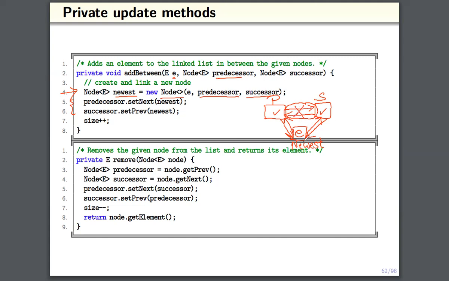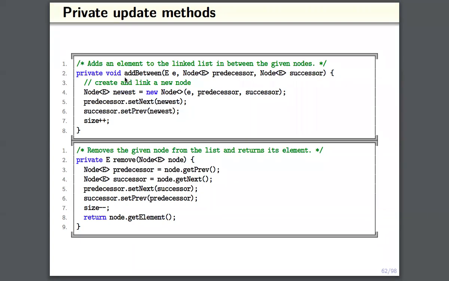Right? That's it. So add a node in between 2 successive nodes or consecutive nodes, and size plus plus. Okay, simple. This is simple, right? Add between. So if you have any questions, please feel free to shoot. Okay. Remove.